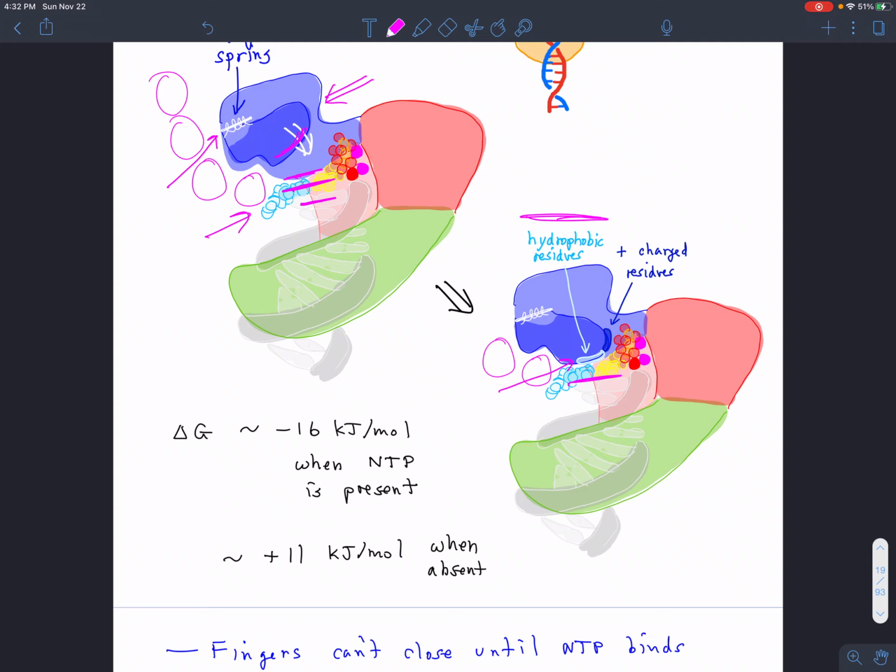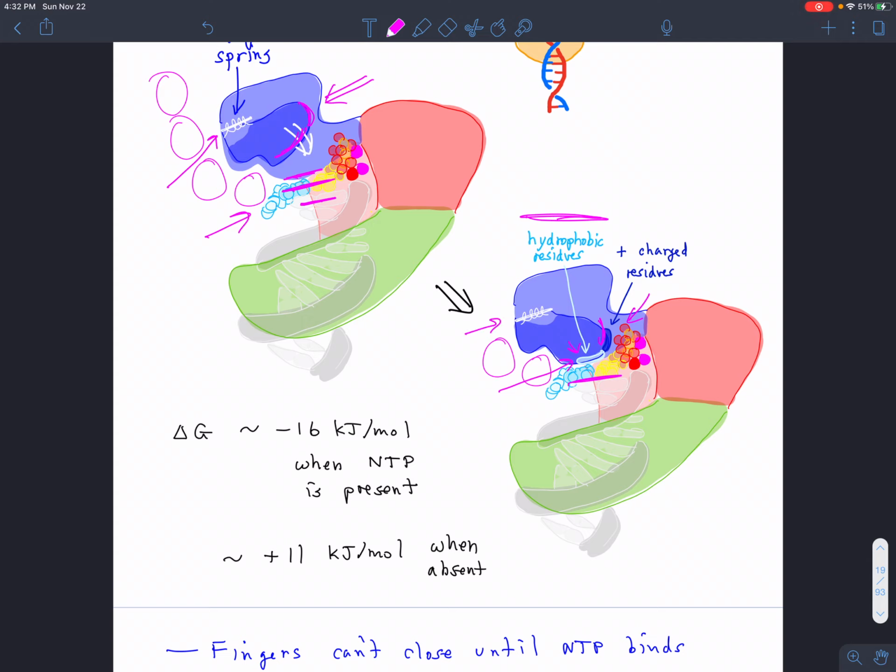So pretty strong sticking going on right there. And then there are always positively charged residues, lysines and the like, on this side of the fingers as well, and they come in and make presumably favorable contacts with that negatively charged triphosphate group on the NTP. So those are the main interactions going on.